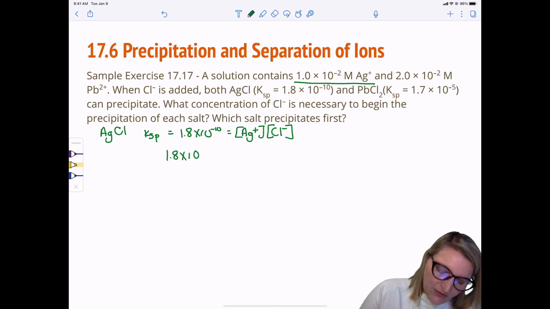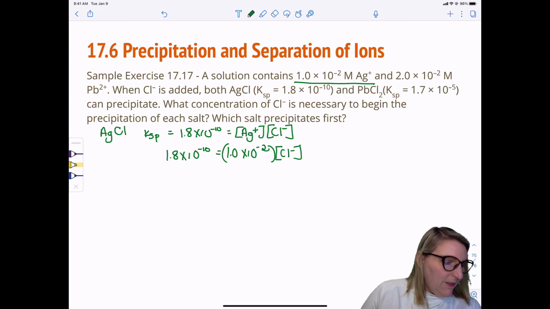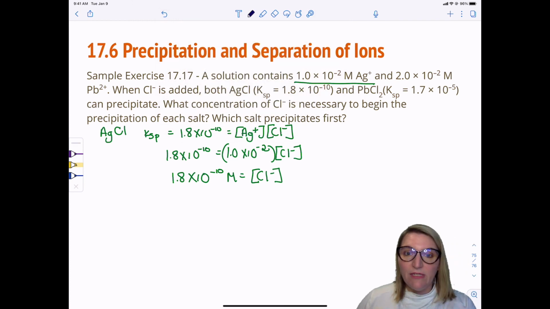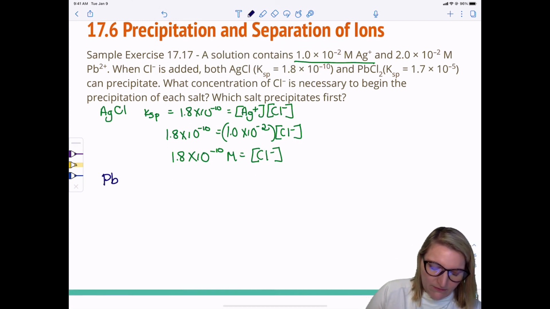So 1.8 times 10 to negative 10 equals 1.0 times 10 to negative 2 times the concentration of the Cl minus, and the Cl minus concentration that would need to be is 1.8 times 10 to negative 8. That's the concentration of the Cl minus. So once I add enough Cl minus to reach that concentration, a precipitate will start.